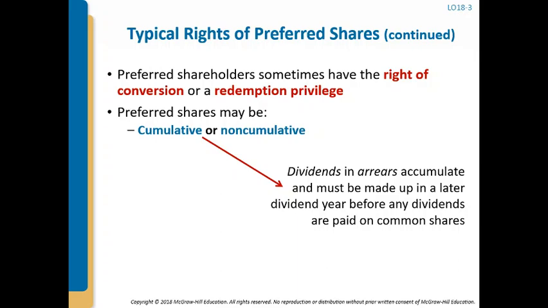The preferred shares can be cumulative or non-cumulative. Cumulative simply means that the dividends that are in arrears accumulate and must be paid in a later dividend year before any dividends are paid on common shares. We'll see an example of this at the end of this lecture on cumulative dividends that are in arrears.